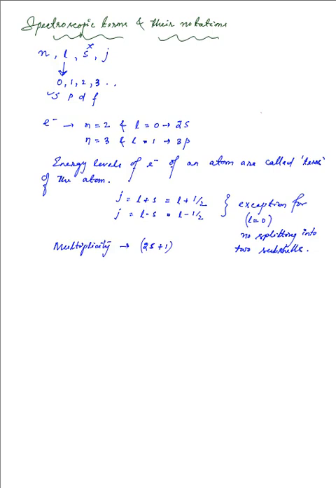So the multiplicity of a one electron atom is equal to 2 times, in that case S is equal to half, that we have been taking. So 2 times half plus 1, that gives us 2.